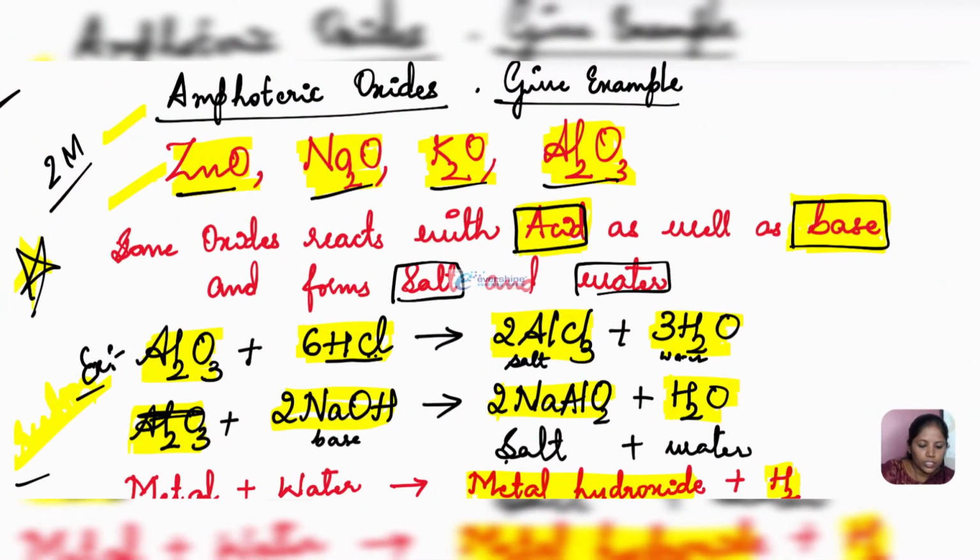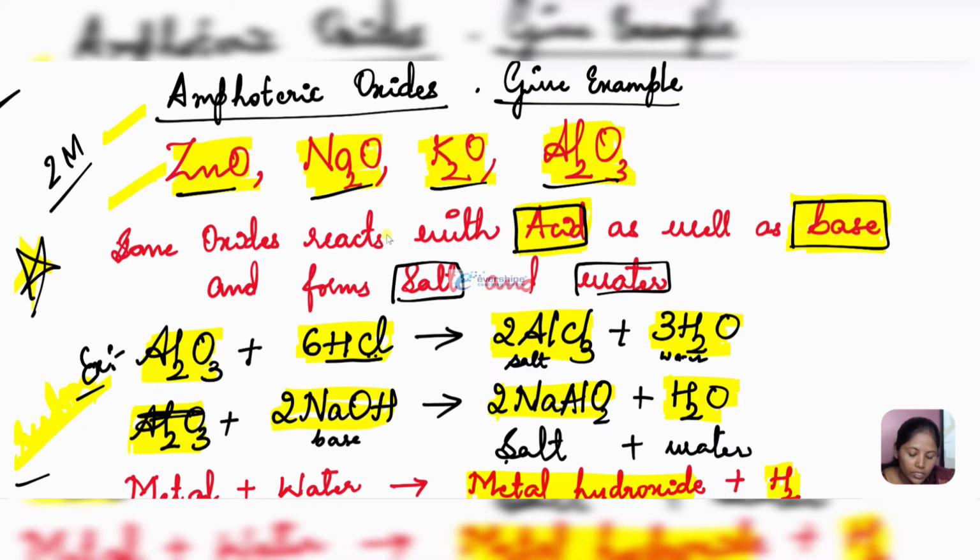So an important question in metals and non-metals is what are amphoteric oxides and give examples. For amphoteric oxides: ZnO, zinc oxide; Na2O, sodium oxide; K2O, potassium oxide; Al2O3, aluminium oxide. These metal oxides are called amphoteric oxides because they react with both acid as well as base to form salt and water.